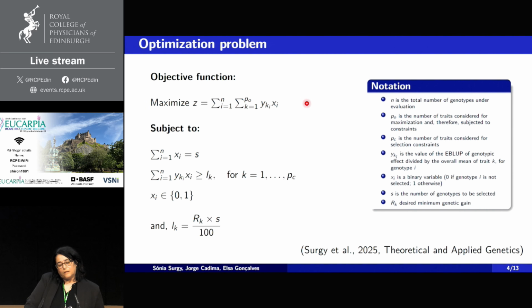And the other constraints are for the traits. The LK is defined like this to maintain the linearity, and the RK is the desired minimum gain for the trait as a percentage of the mean.